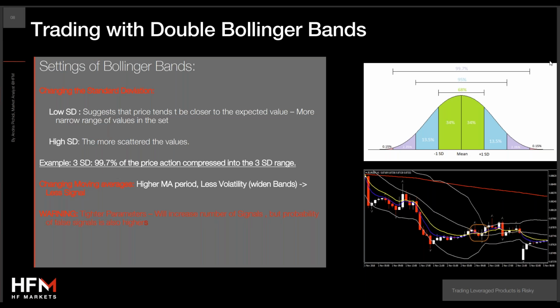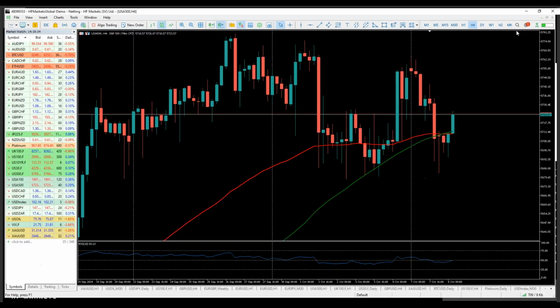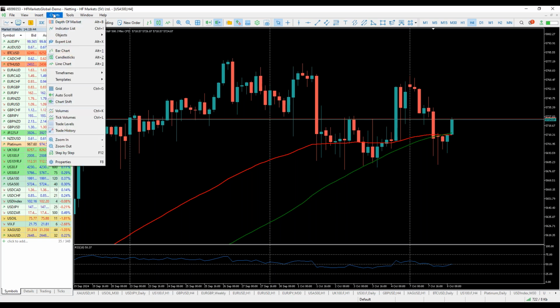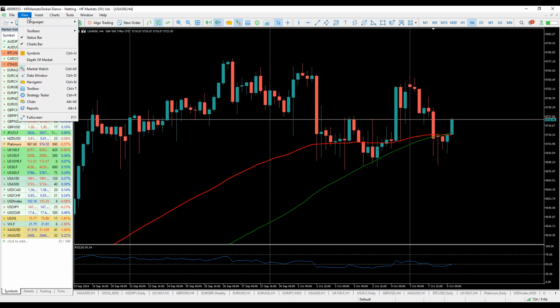What I mean, let me just show you. You need to make sure that the price action is compressed within the Bollinger, not out. So you shouldn't leave the majority of the candles outside the Bollingers, because this won't be useful.